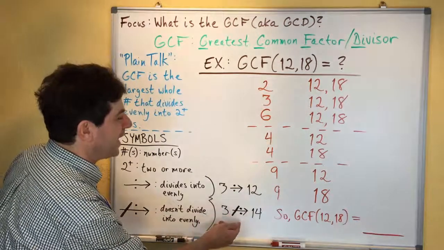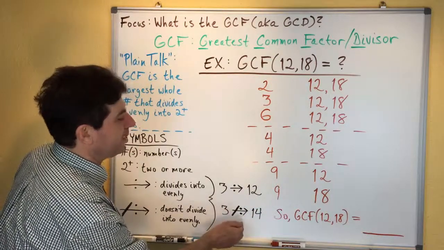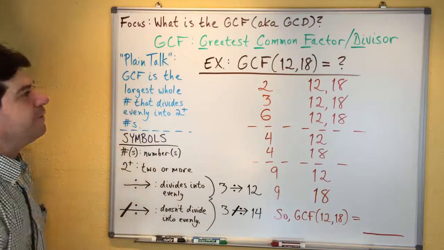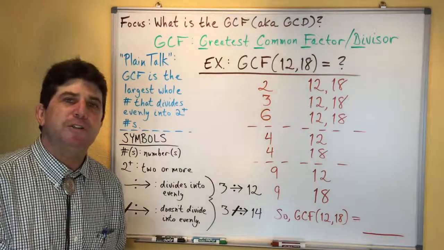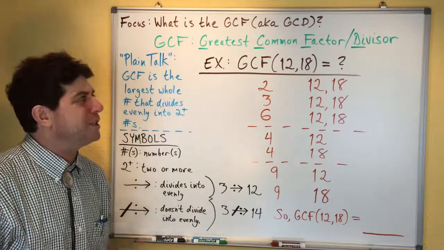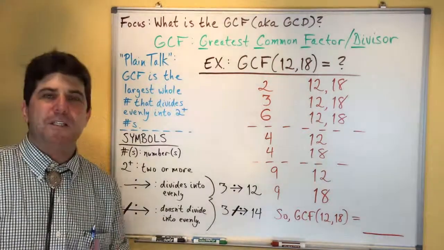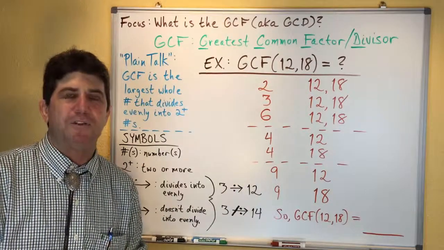So 3 slash division 14 means that 3 does not divide evenly into 14. I find that a useful symbol to use when you're doing problems dealing with number theory and divisibility, GCF, LCM, that sort of thing.